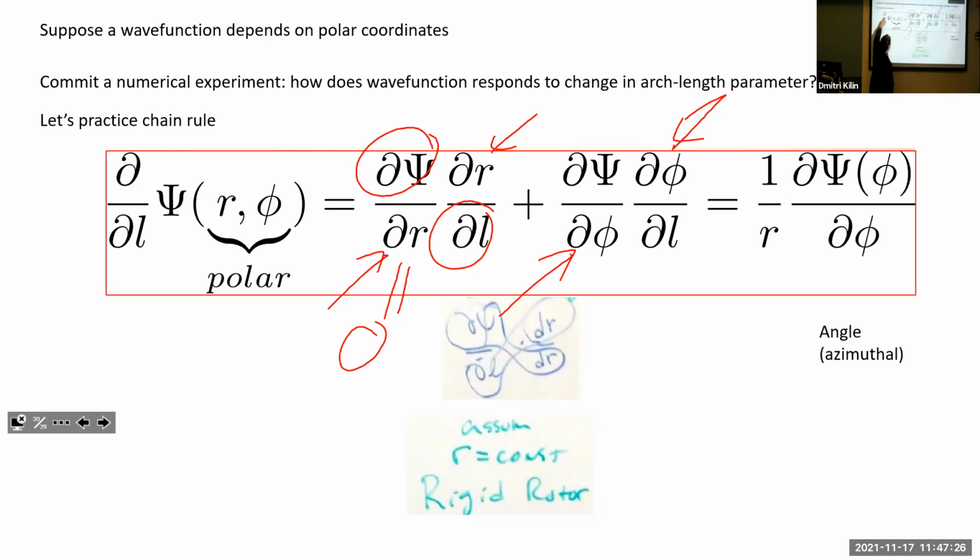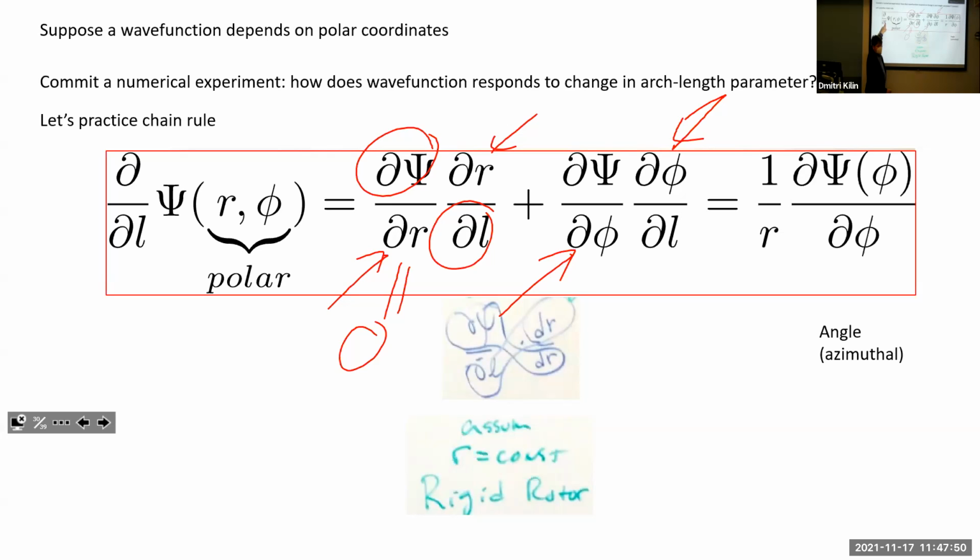If we want to establish a derivative over arc length, we use the derivative of the complicated function, when it depends on these two variables, but we want a derivative over the other variable.